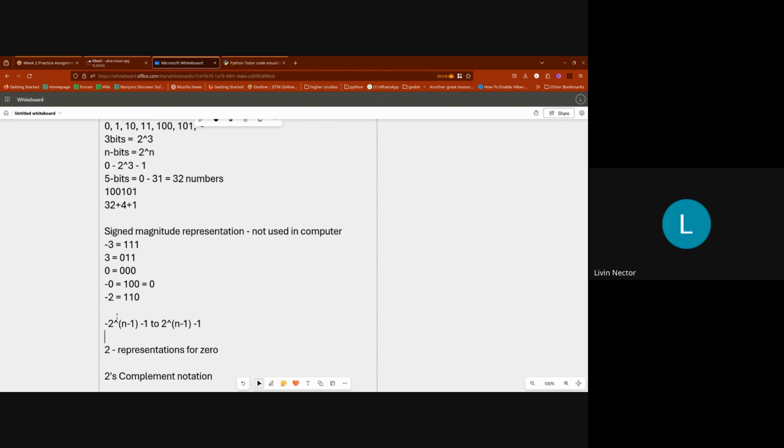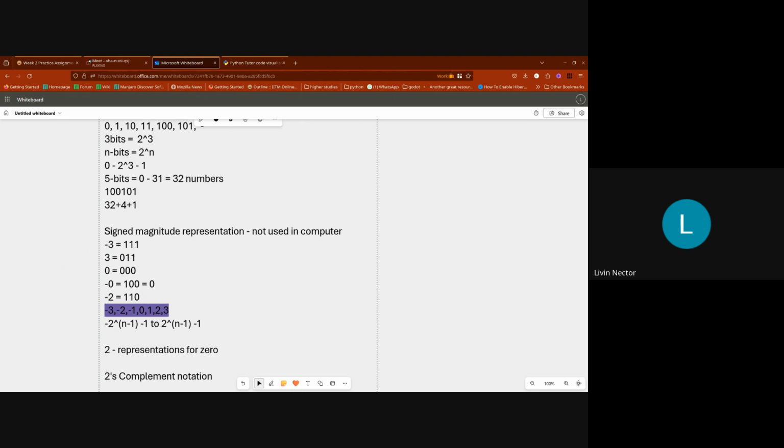So we have 3 bits, right? But 1 bit will be used for sign, correct? With 3 bits, how many different numbers can we represent? 8. That's what we saw previously: 2 power 3 is 8. So minus 3, minus 2, minus 1, 0, 1, 2, 3.